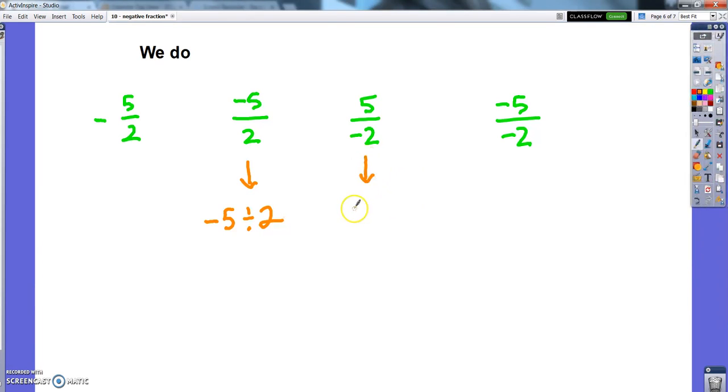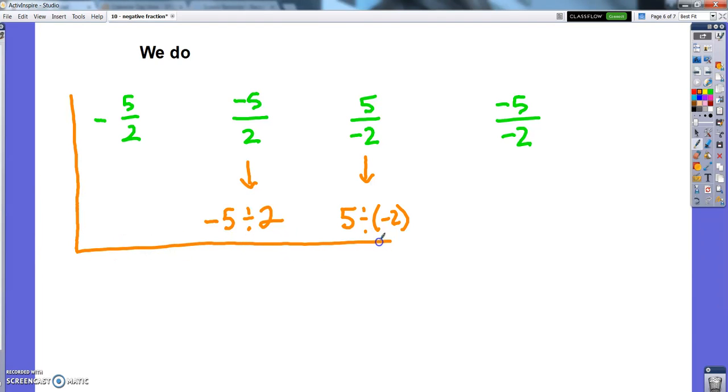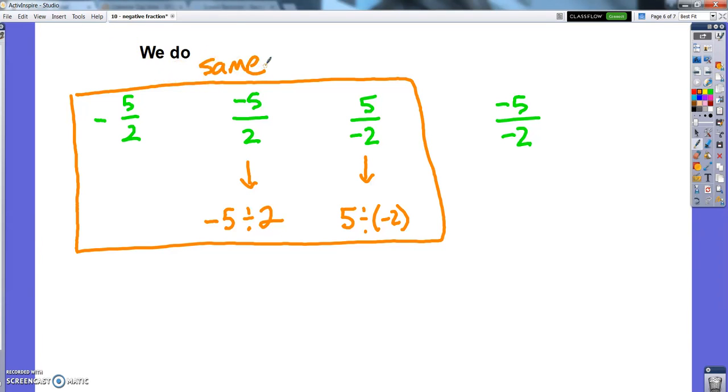That is 5 divided by negative 2. And I told you in the last one, these 3 were all the same. Right? Negative 5/2 this way, negative 5/2 this way, negative 5/2 this way. They all have the same value.